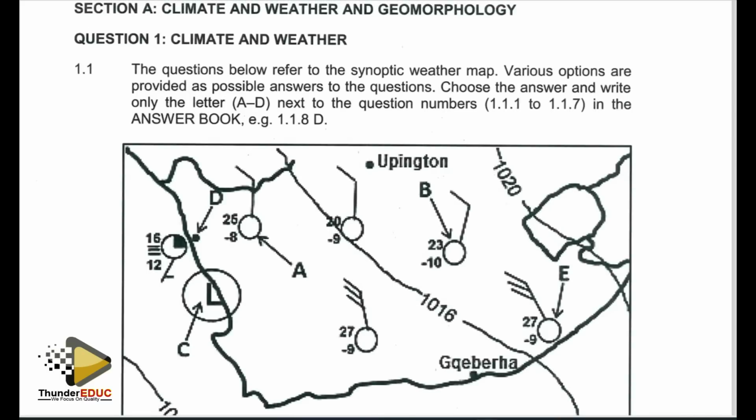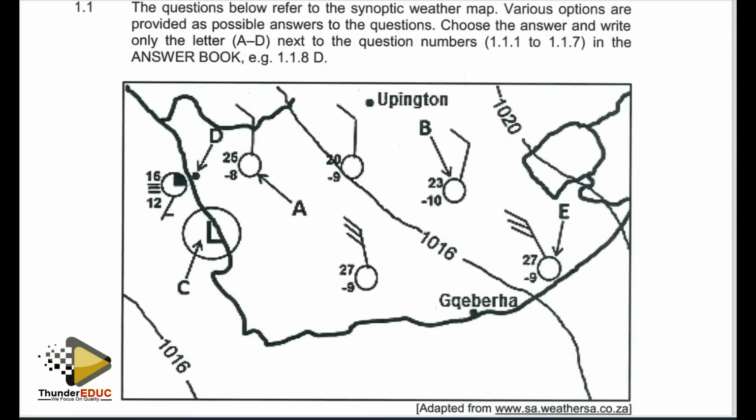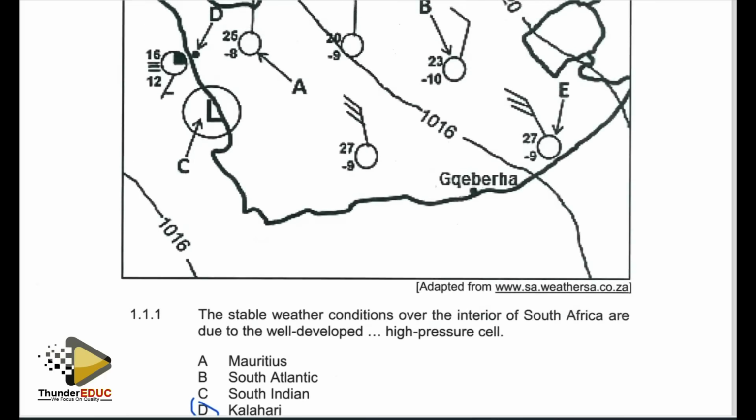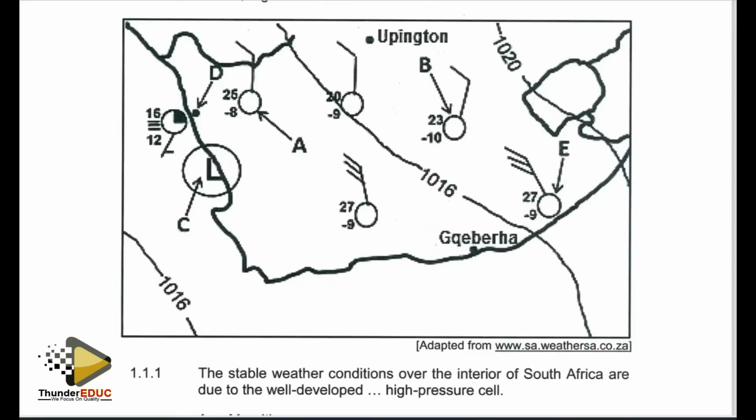We have 2 temperature readings, the one on top and the one at the bottom, meaning we have the air temperature, which is the maximum temperature, and the dew point temperature, which is the minimum temperature. So we take the smaller of the two, which is negative 8 degrees Celsius. That becomes our dew point temperature for that weather station. So our correct response is item B, which is negative 8.